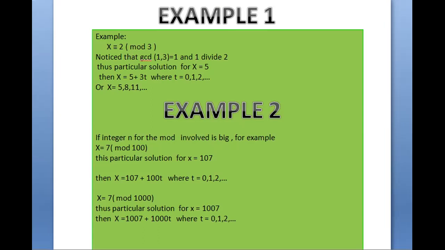For x ≡ 7 (mod 1000), a particular solution is x equal to 1007. Then x equals 1007 plus 1000t, where t can be 0, 1, 2, and so on.